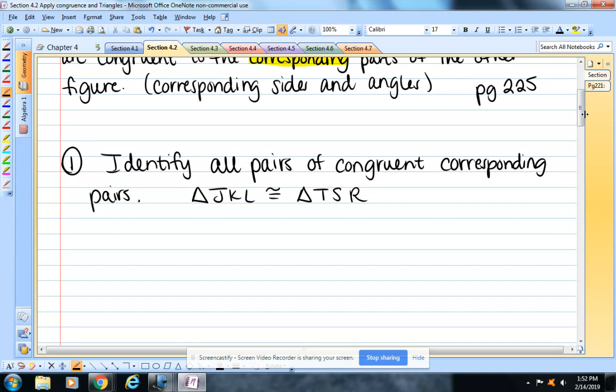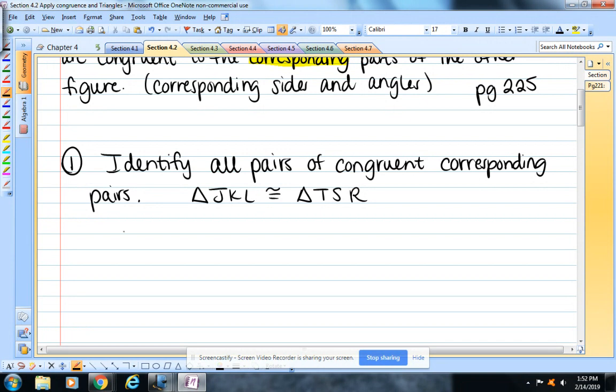So, the names of writing congruent triangles is written so that corresponding pieces line up. So what we're going to do first is talk about all the parts of these 2 triangles. Now, they didn't even give us a picture. They just told me triangle JKL is congruent to triangle TSR. All right? So we can use the names and the way it's written to tell which parts are congruent to which parts. All right?